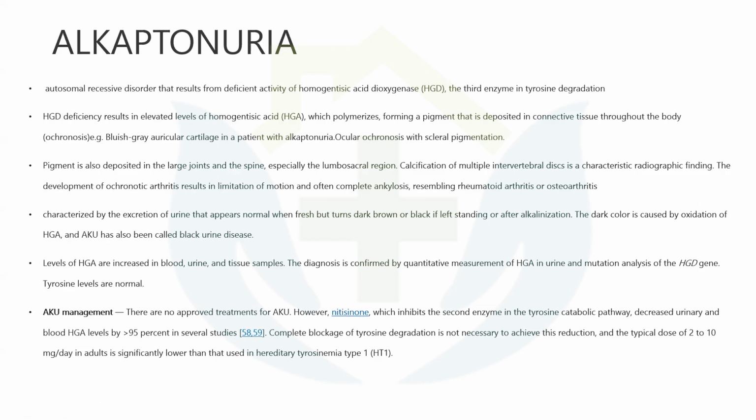There is no approved treatment for alkaptonuria, although there is a therapy like nitisinone. It is an agent that inhibits the second enzyme of the tyrosine catabolic pathway, which is the immediately prior metabolic step, and so decreases the production of homogentisic acid itself.